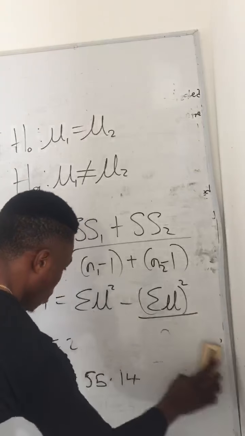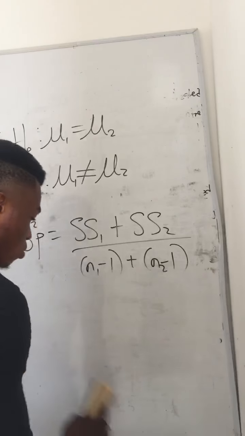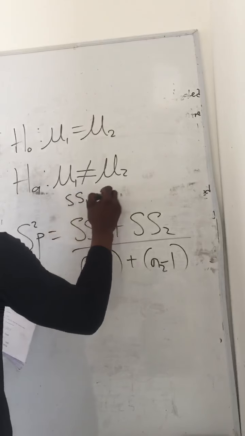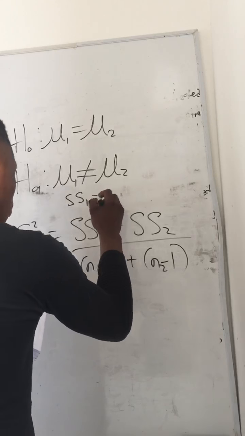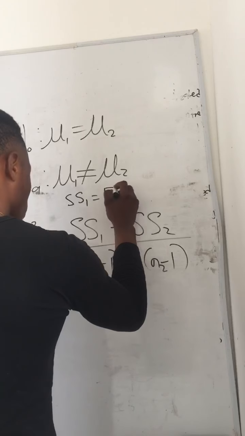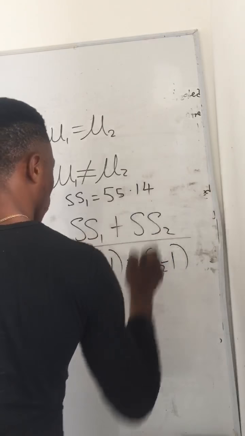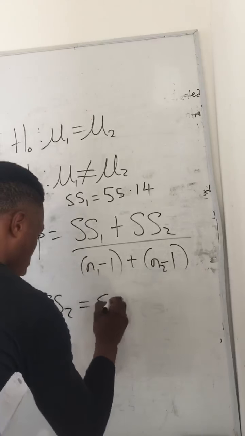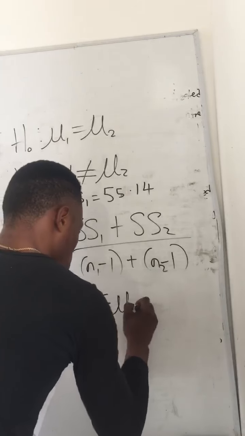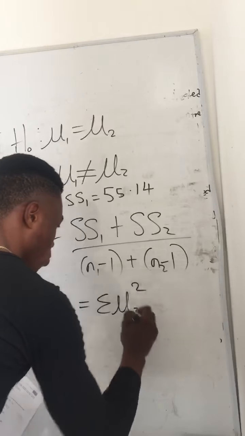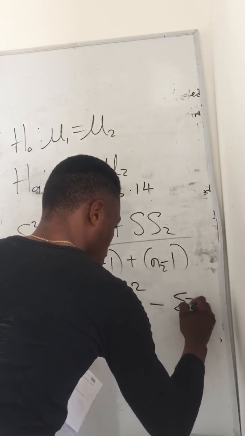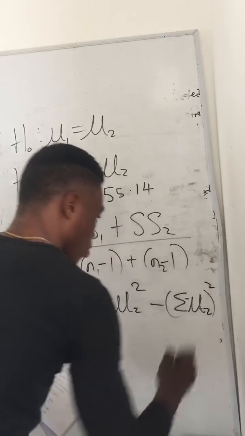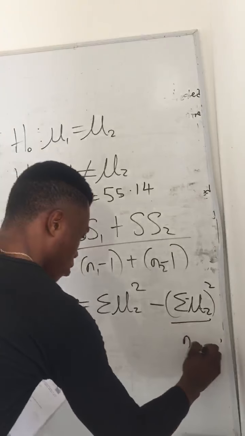Use the same procedure to compute the SS2. For SS1, we obtained 55.14. Now for SS2, the same procedure: the summation of mu2 squared minus the summation of mu2 all squared, divided by n2.